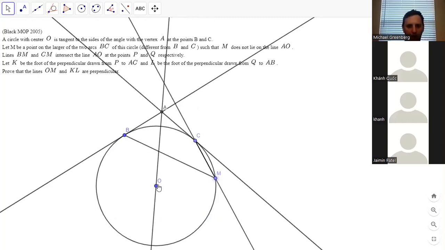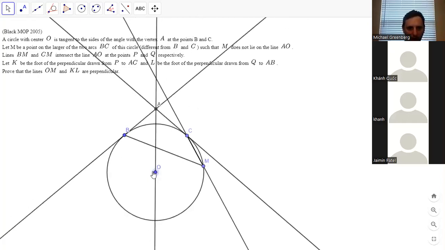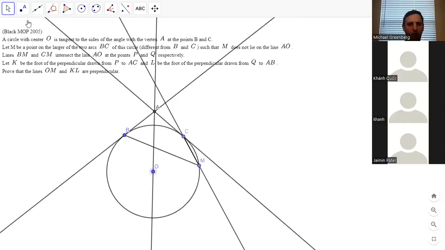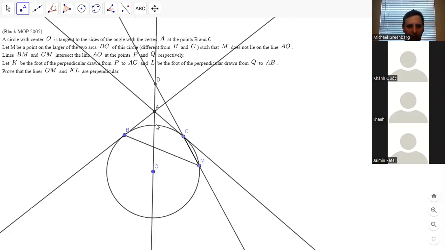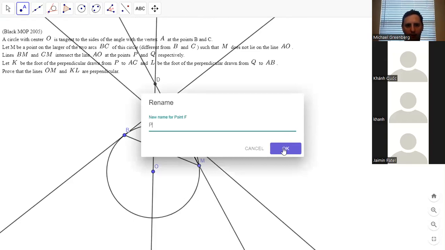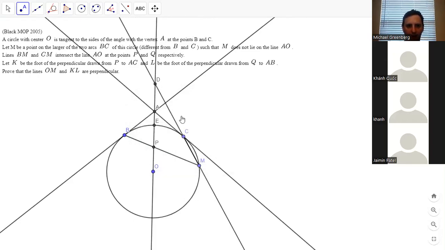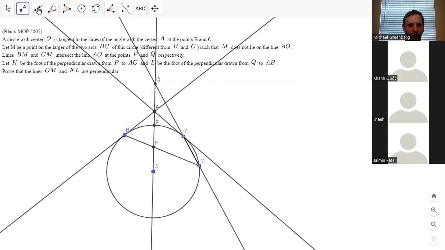Okay, let's do it something like that. I'm going to draw this point because we could use that. We get a harmonic quadrilateral. So BM intersects it at P, and CM intersects it at Q. And K is the perpendicular from P to AC.